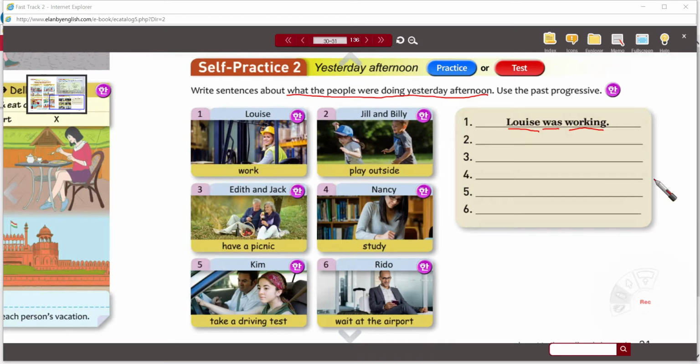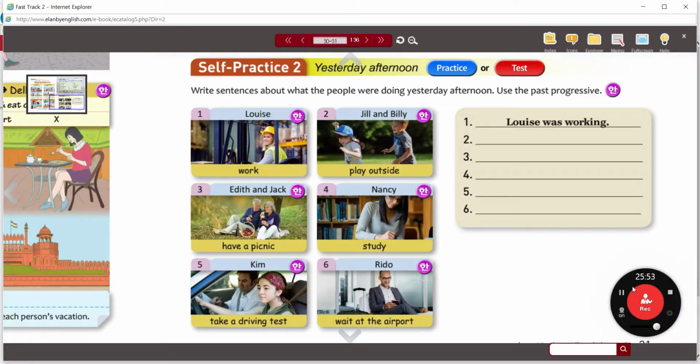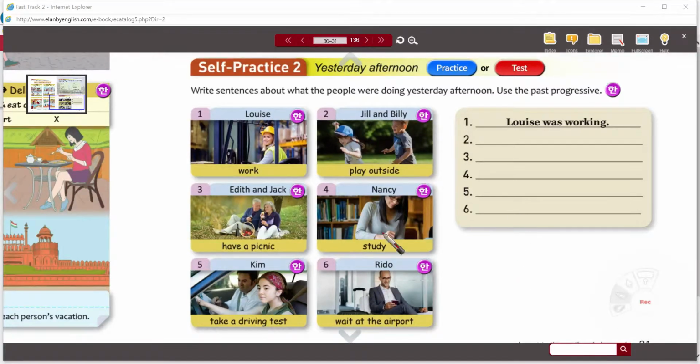Okay, so these were activities that were happening yesterday. Okay, so that should give you an idea of how to talk about activities that maybe have finished now, but were in progress at a past time.